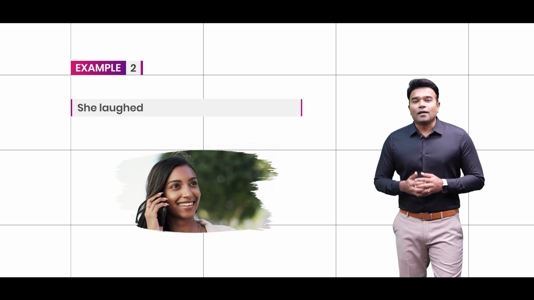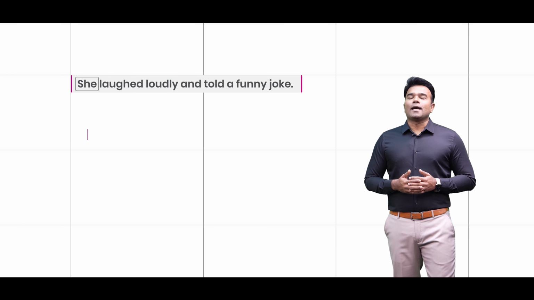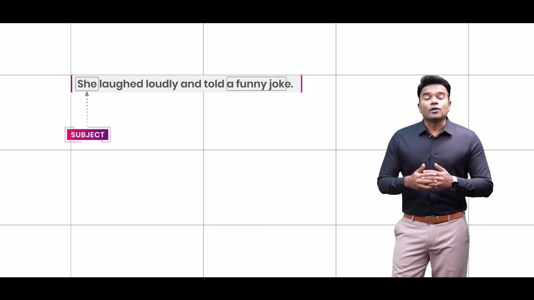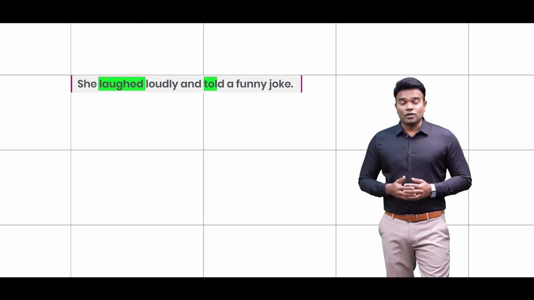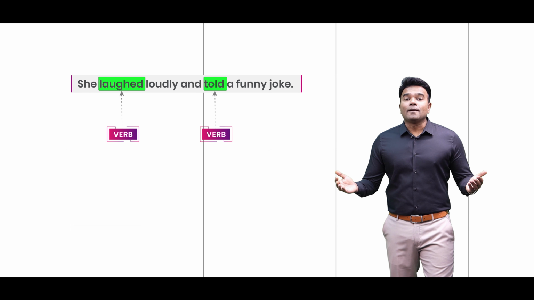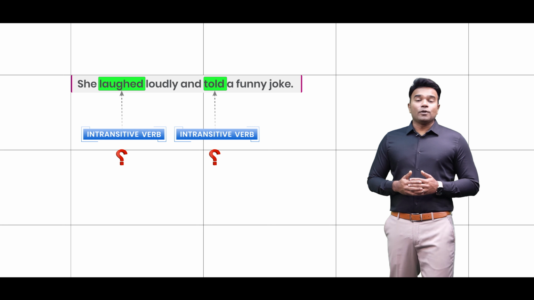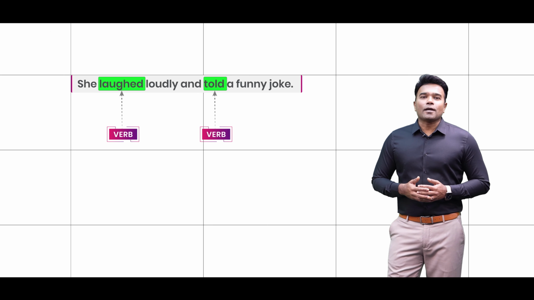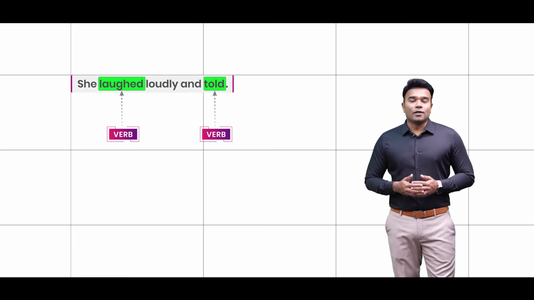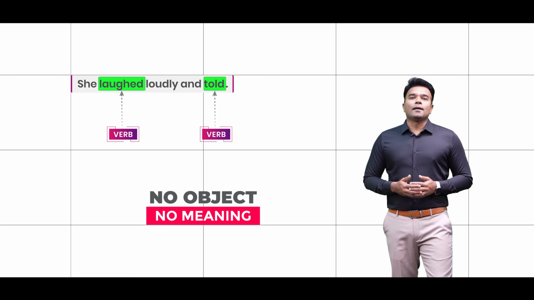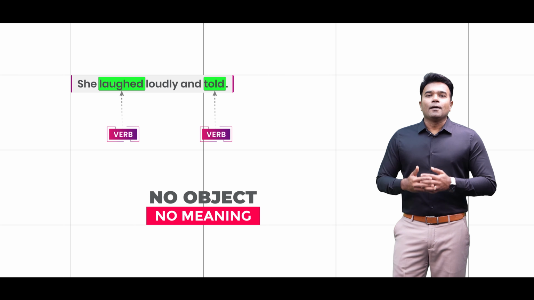She laughed loudly and told a funny joke. Well, in this case, she happens to be the subject, a funny joke happens to be the object, and obviously laughed and told are the two verbs. But then, which amongst them is the transitive and which is the intransitive verb? Well, to decide that, all that I have to do is to remove the object. And now if I would read the sentence, she laughed loudly and told, but then the question is, what did she tell? Because the sentence as such is incomplete.